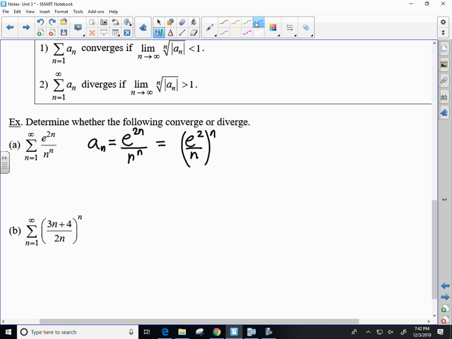What we're looking for is the limit as n approaches infinity of the nth root of that, which is to say, the limit as n approaches infinity of just e squared over n.